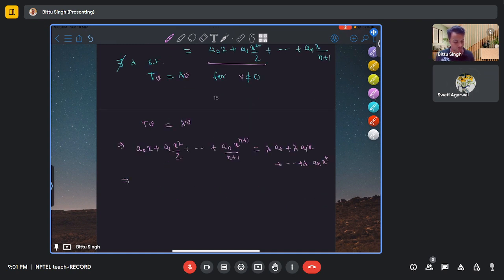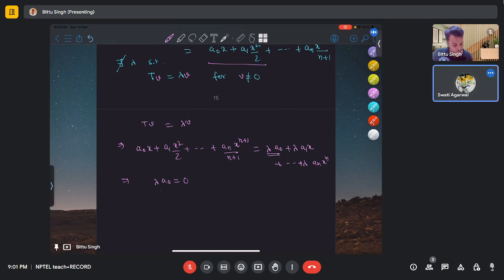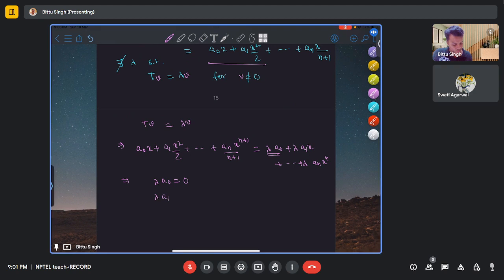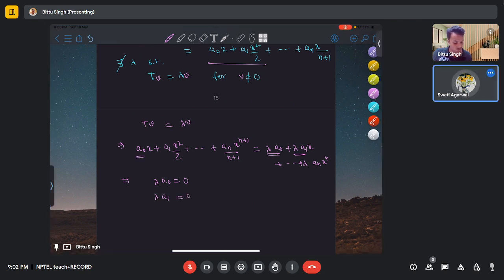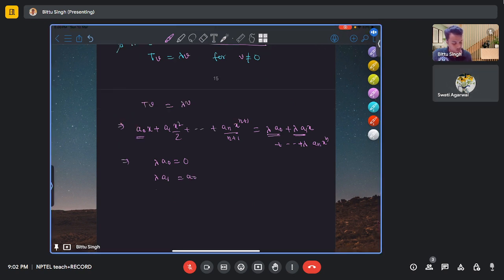Now if we compare the coefficients, there is no constant term on the left hand side, so lambda a0 is 0, right? Now lambda a1: the coefficient of x on the left hand side is a0. Inductively, if you continue this, we get lambda an equals an minus 1 by n.